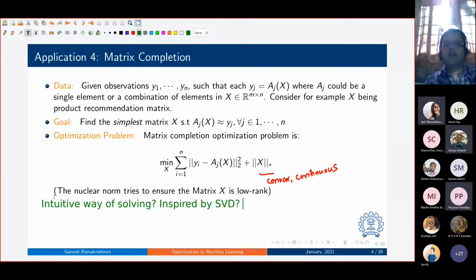Can it be inspired by the SVD? The SVD of X. The issue is now X has to be solved for, right? So you don't have the X to begin with. What would you do? So you can do an SVD and then do what? Any suggestions?